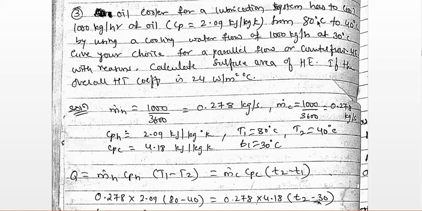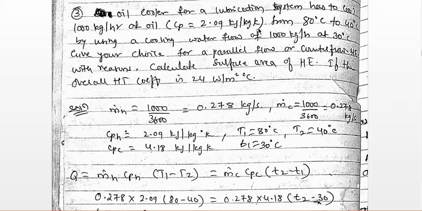The initial temperature of the oil is 80 degrees Celsius and the exit temperature of the oil, that is the hot fluid, is 40 degrees Celsius. Its flow rate is given, that is 1000 kg per hour, and the specific heat value is given, that is 2.09 kilojoules per kg Kelvin.